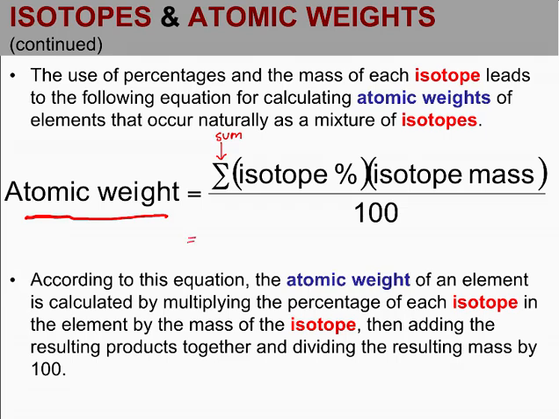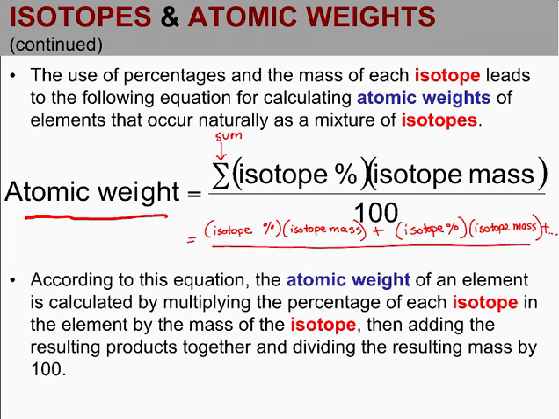So for instance, if we wrote this out, we would have the isotope percent for our first isotope times that isotope's mass, and then we would add the next isotope percent times the next isotope mass, and then we could keep going depending on how many isotopes are present. And then we just divide that by 100.